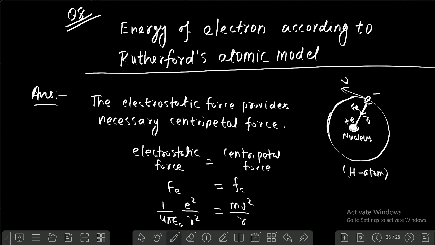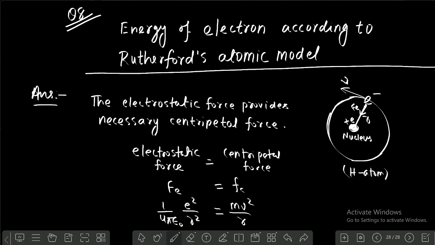Now from here we can find the kinetic energy. How will you draw the diagram? So, the question asks for the energy of the electron according to Rutherford's atomic model. Energy means total energy. How to find total energy?